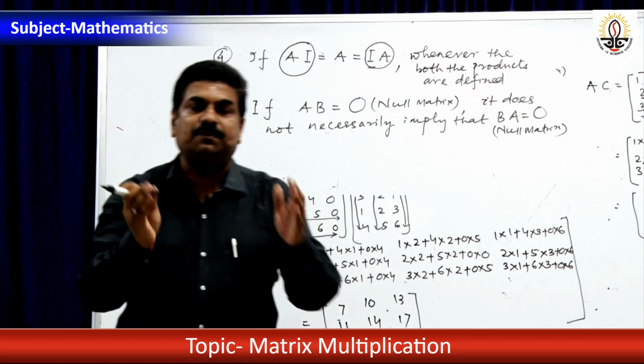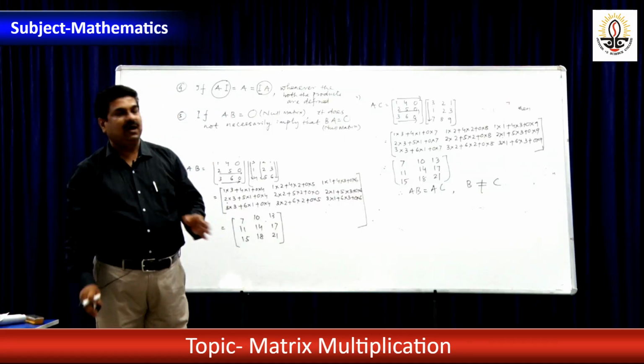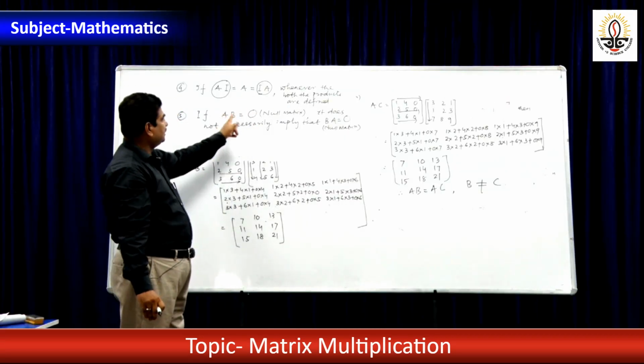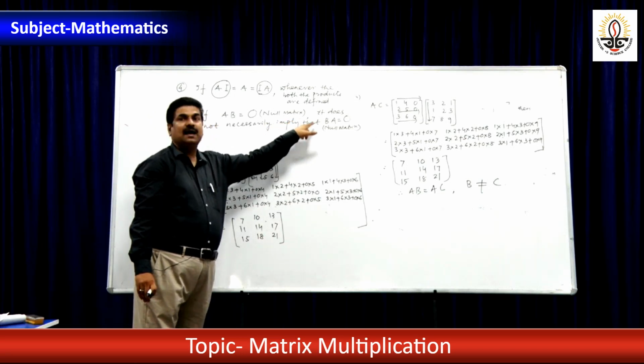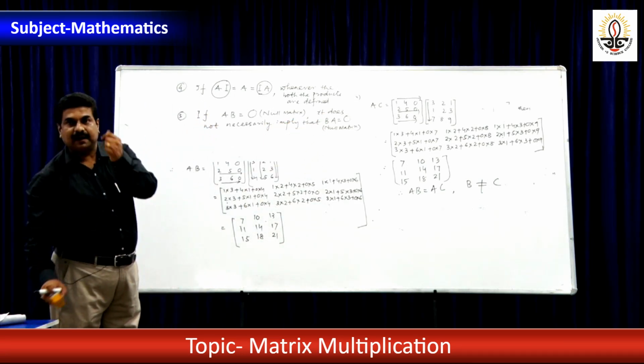If the product of these two matrices A and B is equal to a null matrix, it does not necessarily imply that BA is equal to a null matrix.